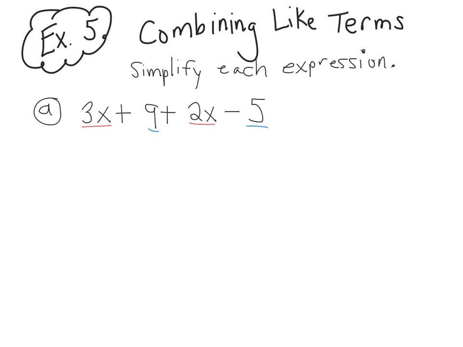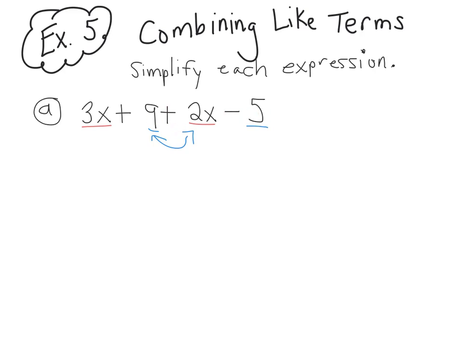So we're going to use the commutative property. We do have to be a little bit careful because there is some subtraction involved here. We can't normally use the commutative property with subtraction, but as long as we make a smart move and we just move within the addition signs, then it will still work. So the most logical thing to do here is going to be to switch these two terms around, the 9 and the 2x, because then we just have the addition still and we don't have to mess with the subtraction.